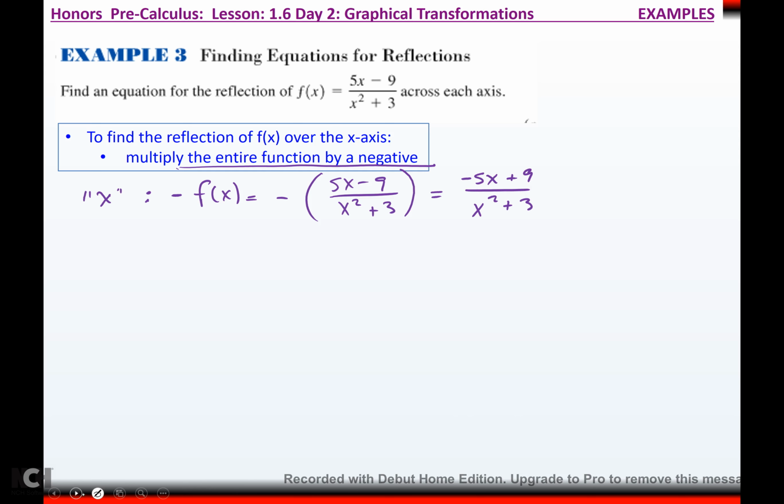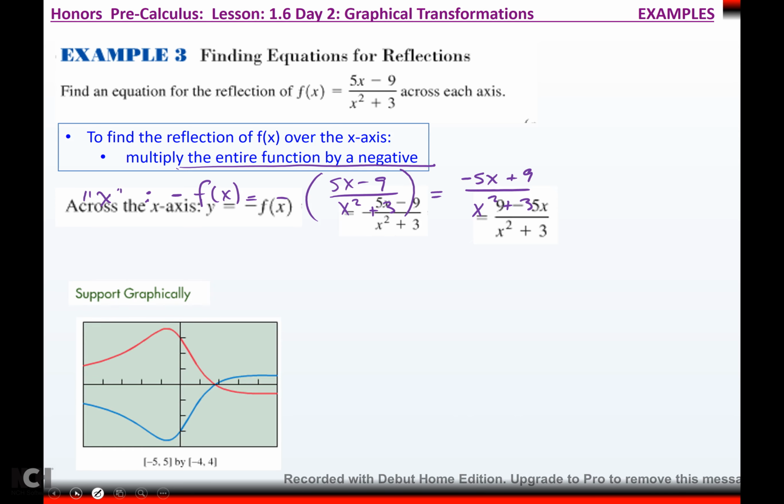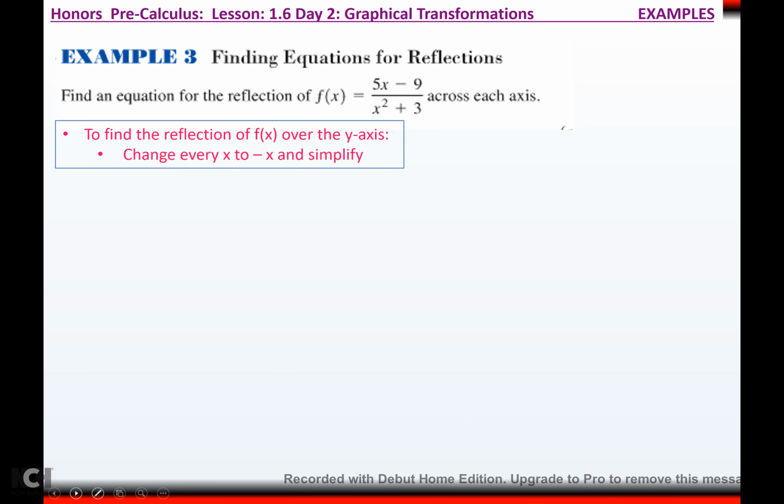Alright, and if you look at the graph, there you go. Same problem, but now we're going to reflect over y. If you're going to reflect over y, that means it happens inside, which means every x needs to change to a negative x.